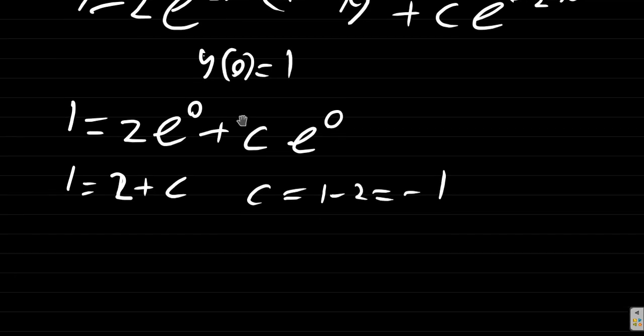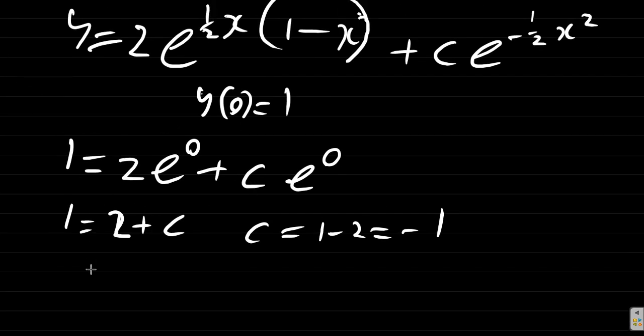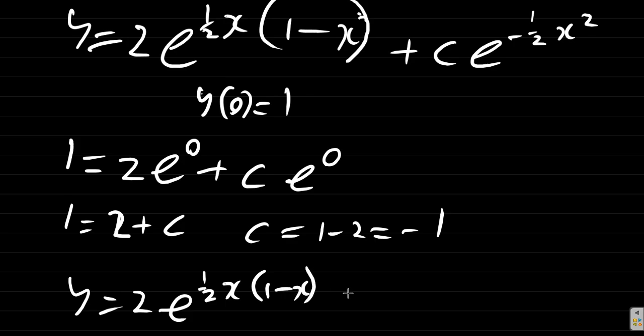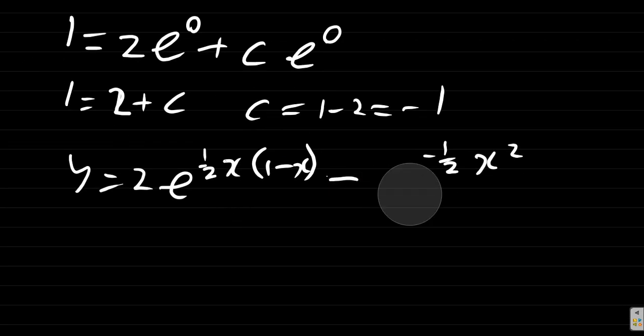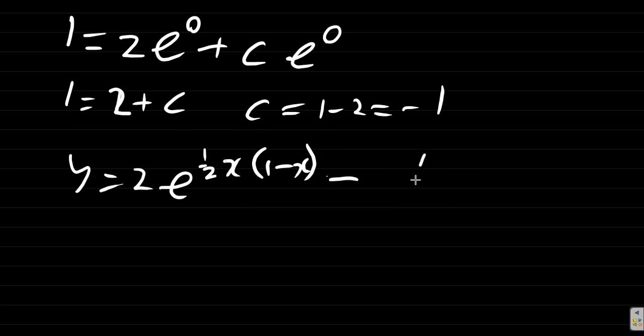So that particular solution would be y is equal to 2e to the half x, 1 minus x, minus e to the negative half x squared. Or instead of writing it like this, we could put 1 over e to the positive half x squared.